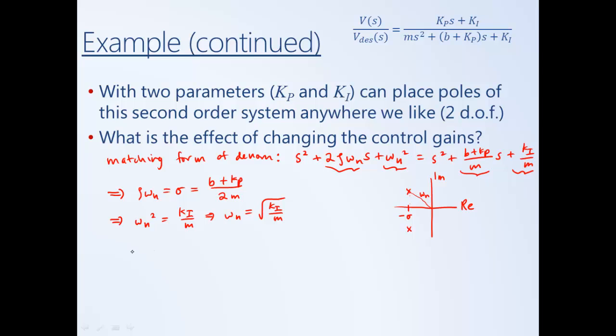And so if we want to understand the effect of increasing Kp while holding Ki constant, increasing Kp will make sigma bigger.